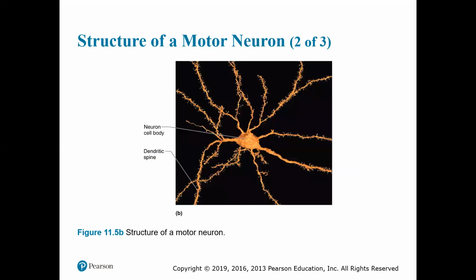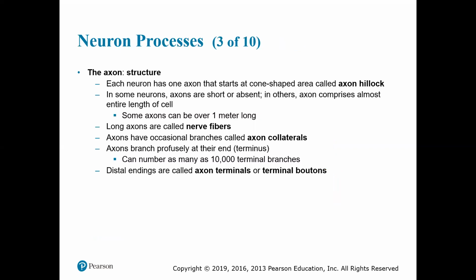Okay, so this is an electron microscope image of a neuron. And you can see the cell body, and this most likely is the axon, but I can't really say. Of course, I wouldn't put a picture like this on anything. Now the axon, also known as the nerve fiber, goes away from the cell body, and it starts right off the cell body in an area called the axon hillock.